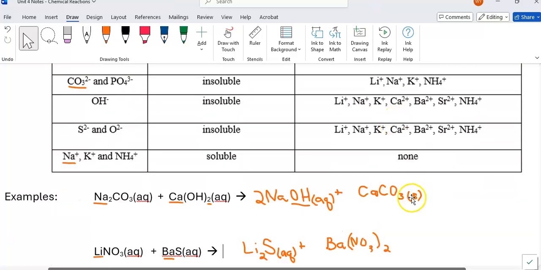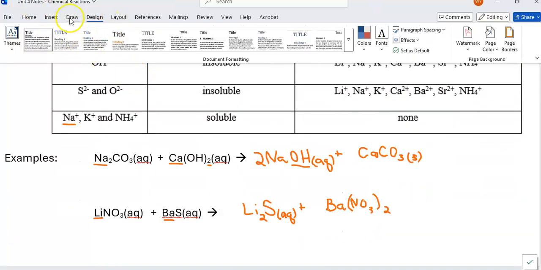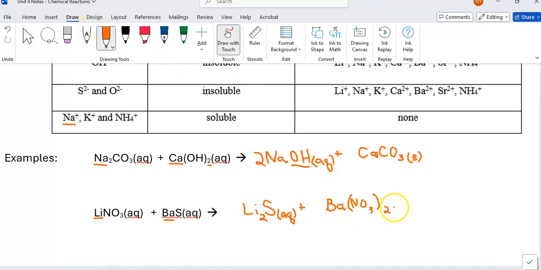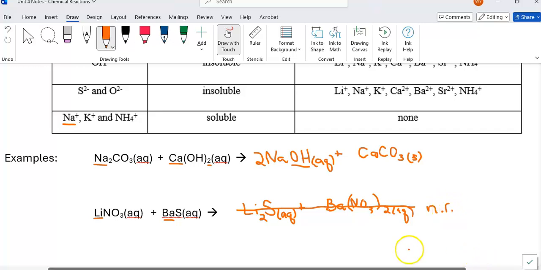There are no exceptions to that rule. And so we are going to say aqueous here as well, which is another way of saying that this is a no reaction. So we don't need to balance it. In fact, I'm just going to draw a big line through those products because they wouldn't actually give us anything new. Okay, so that is a no reaction.